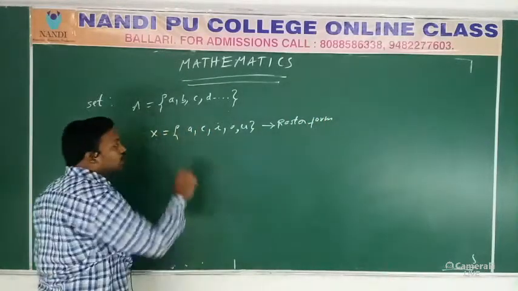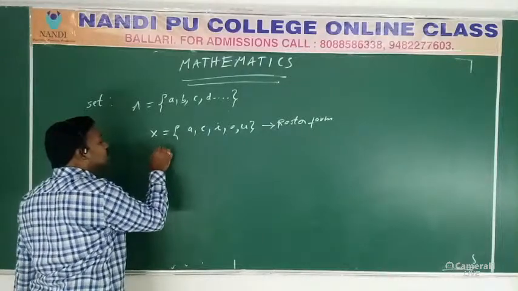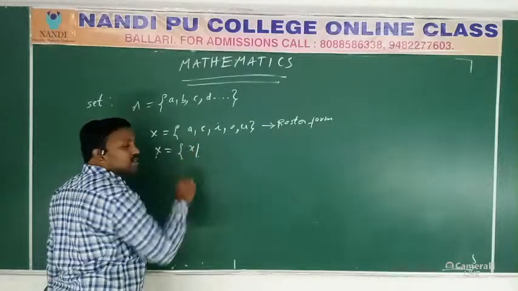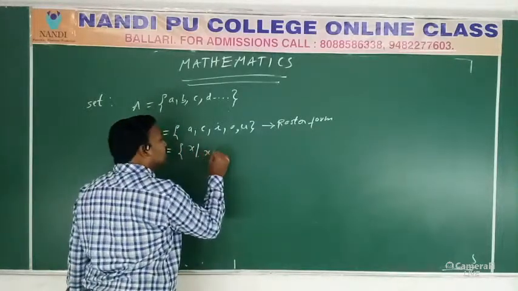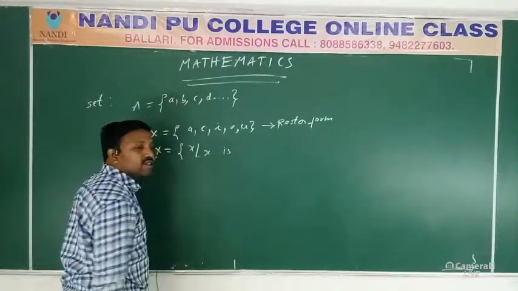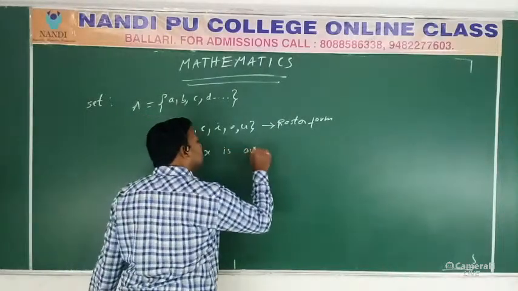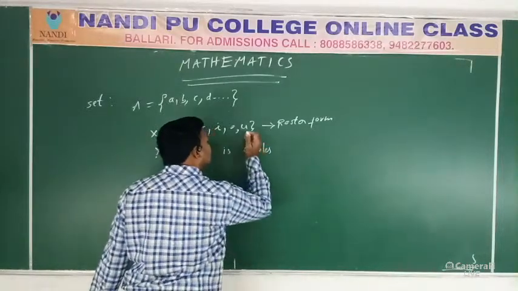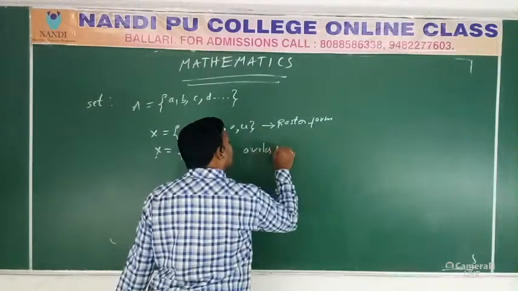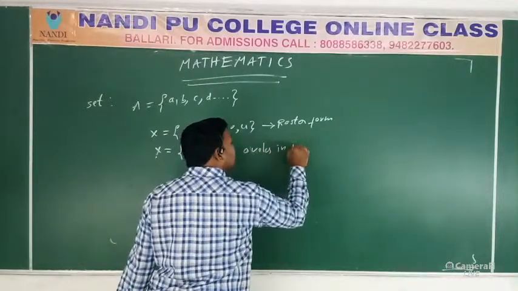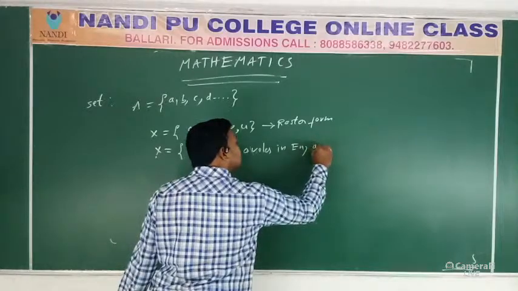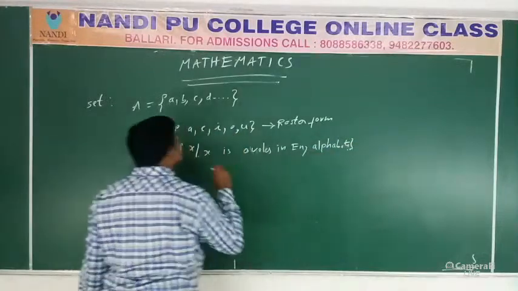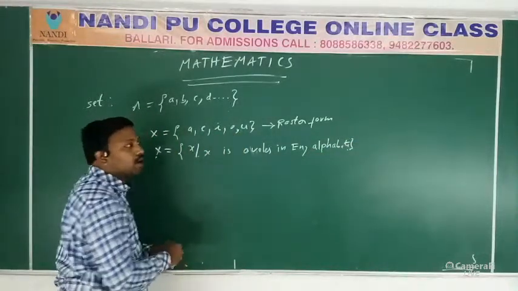And if the same set is written like this, set of all X such that X is a vowel in the English alphabet, what is this form called?